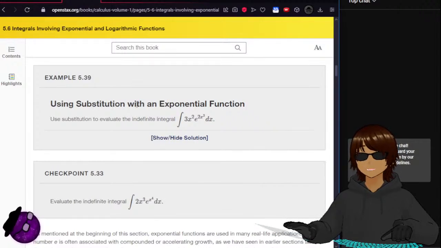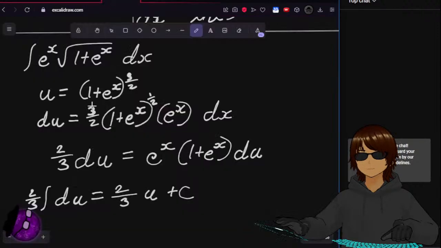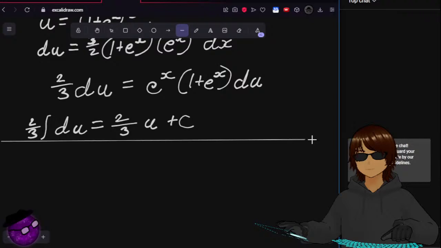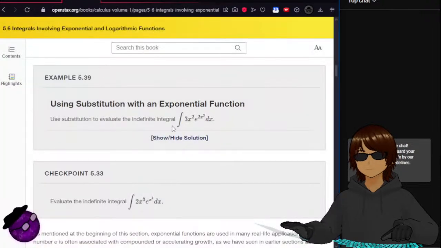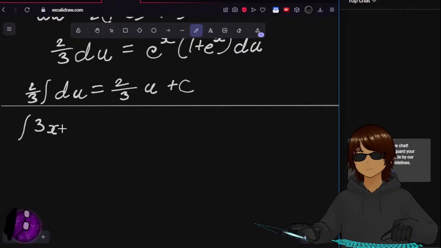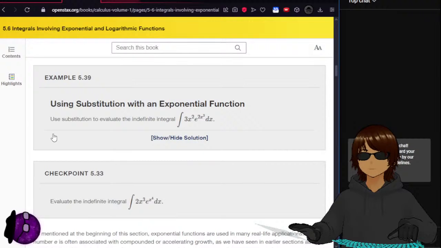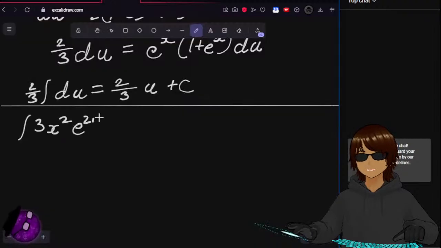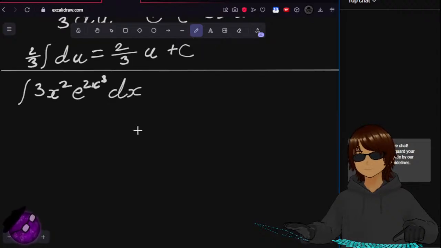Use substitution with the exponential function 3x squared e to the power of 2x cubed. Let me think.